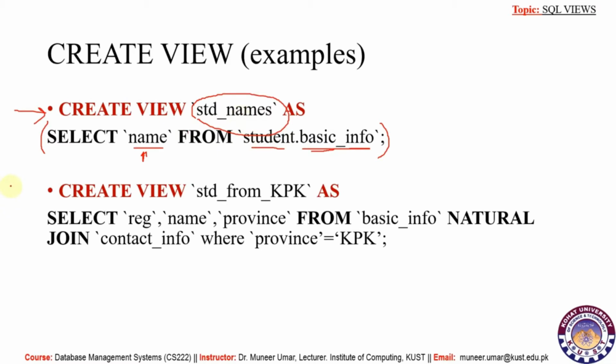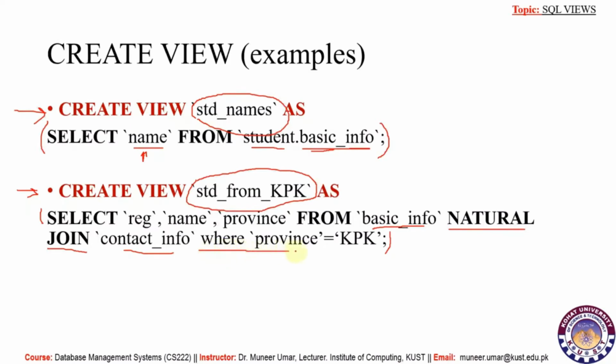In the second case, we are making a new view and we name it student_from_KPK, and this view is using a bit longer select statement. It is using a natural join between basic_info and contact_info. These are two tables, and we also have a where clause in this statement.